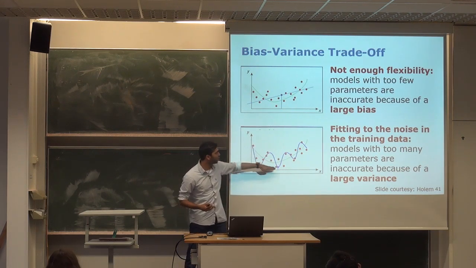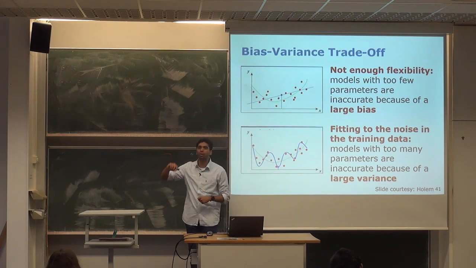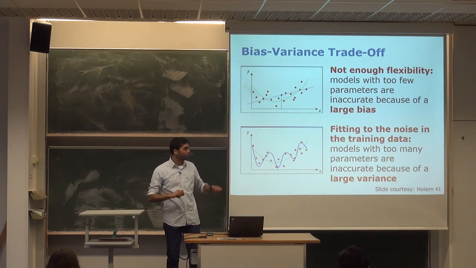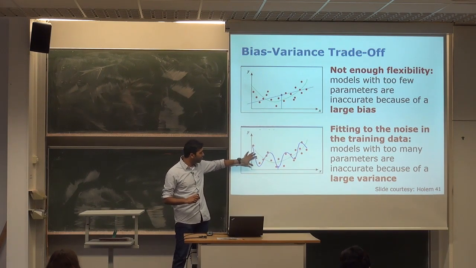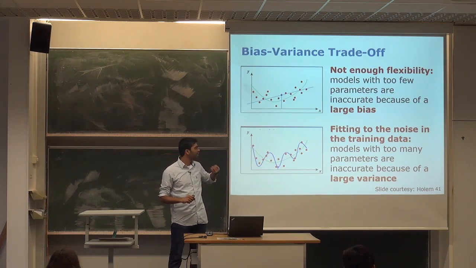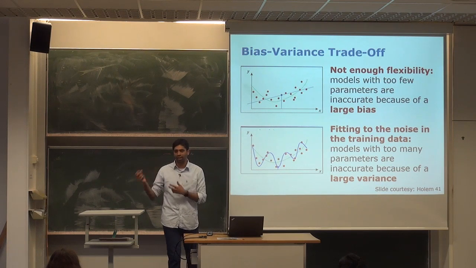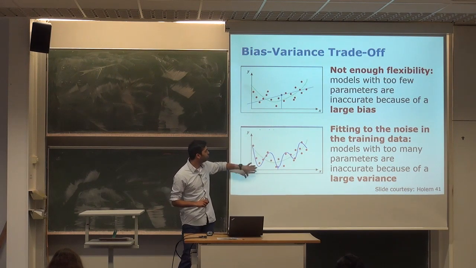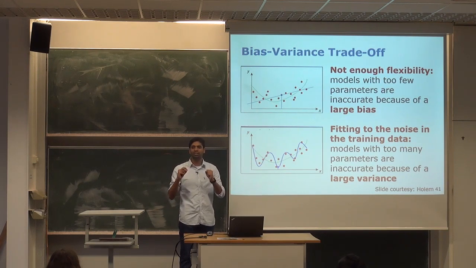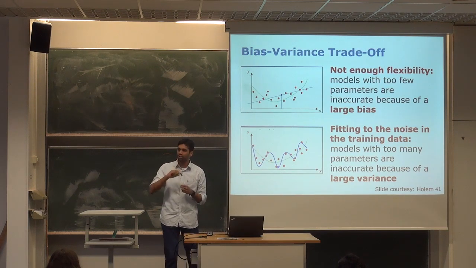The trend is something like this. What you capture is the noise in the data, right? So the error that the classifier here makes is captured by the variance, right? The variance is really high here because it captures the noise in the data and not the trend in the data.